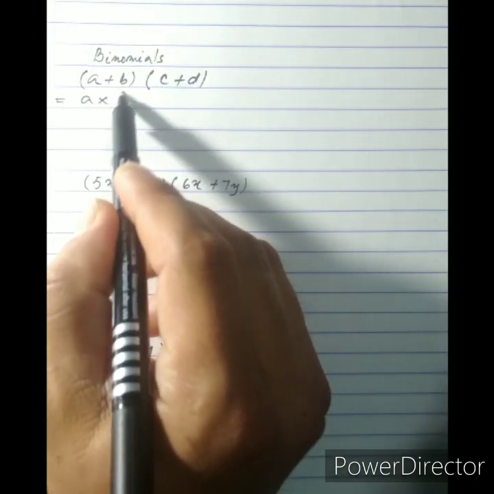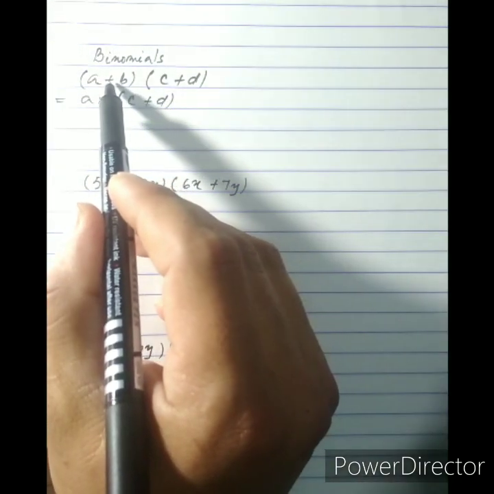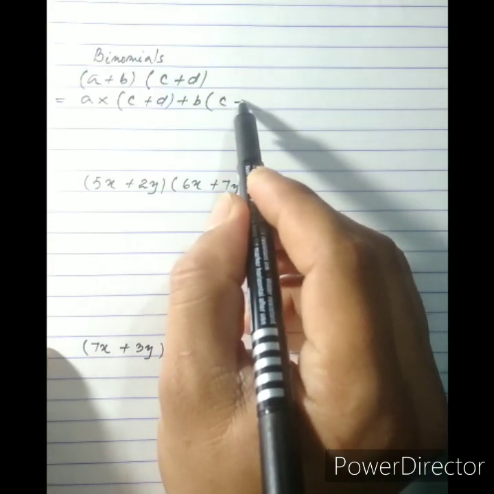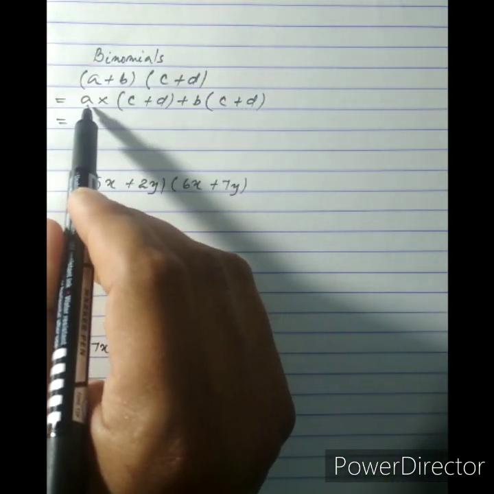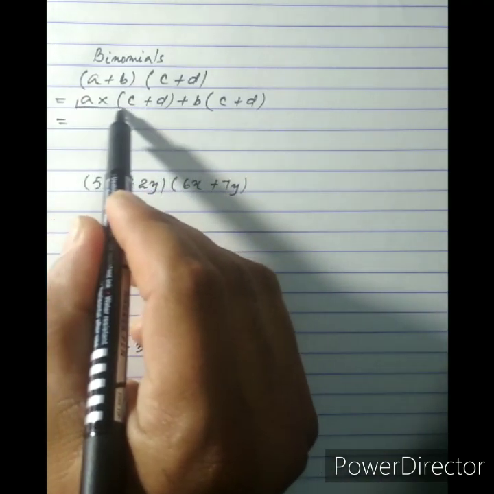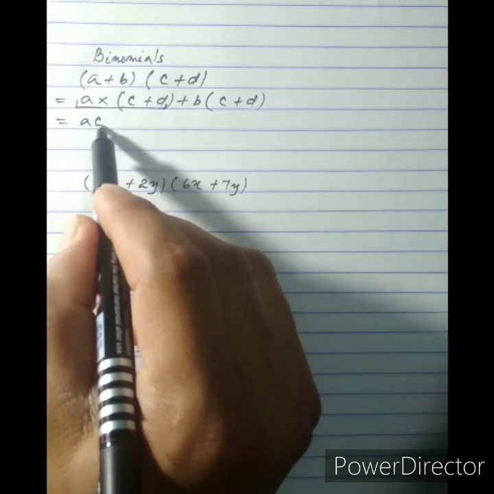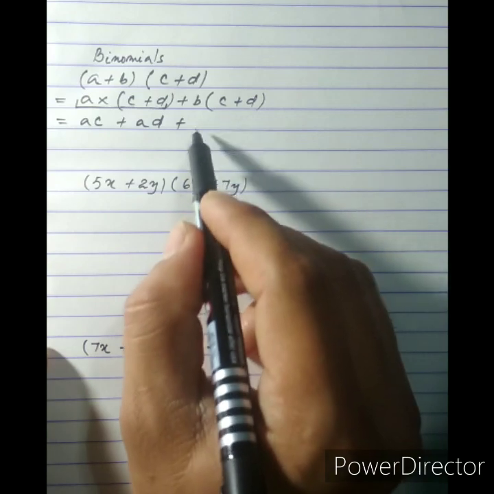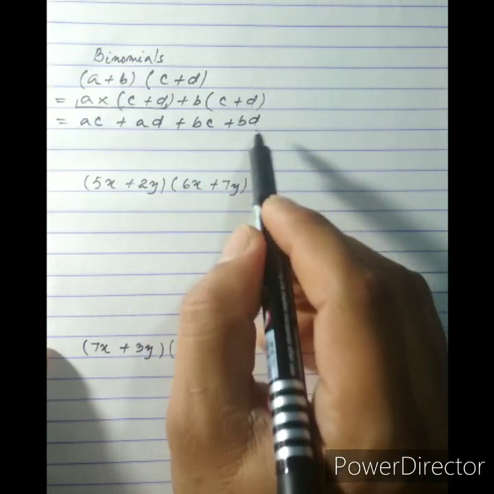So a into c plus d, and next this plus b will multiply to c plus d again. In the next step, again, this one we have learned before. This a will multiply to c, so here ac. Then here ad. Similarly here bc, then again bd.